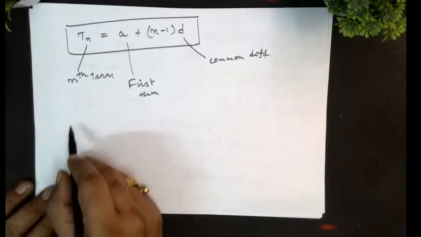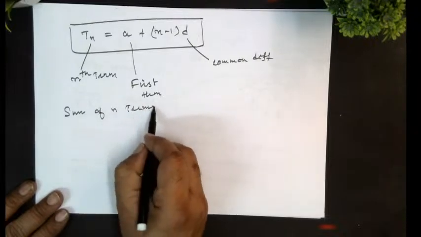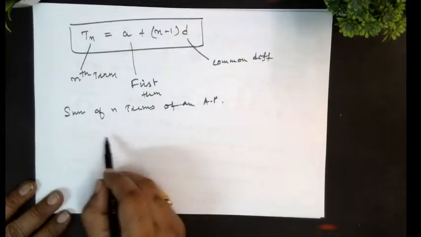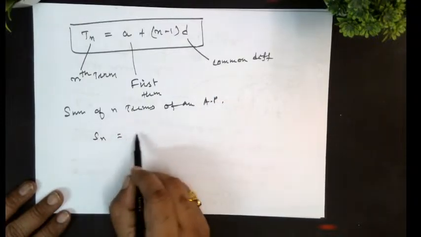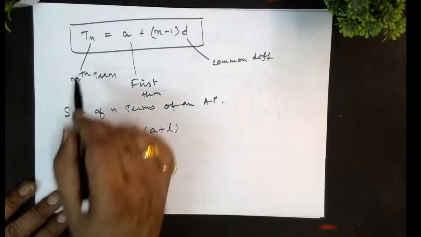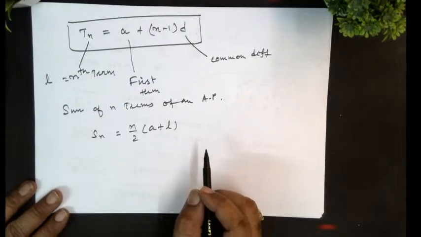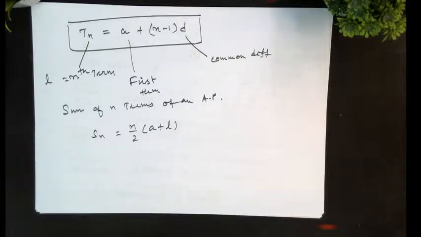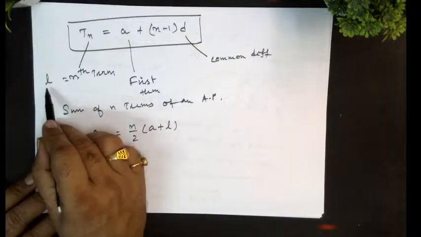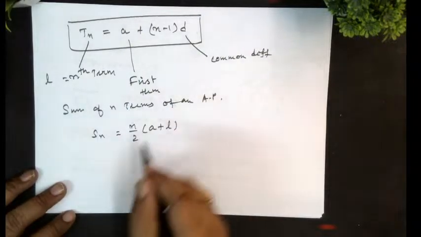The sum of n terms of an AP is given by Sn is equal to n by 2 into A plus the last term, which can also be represented as L. Last term L, that is also Tn. So you can further expand it.